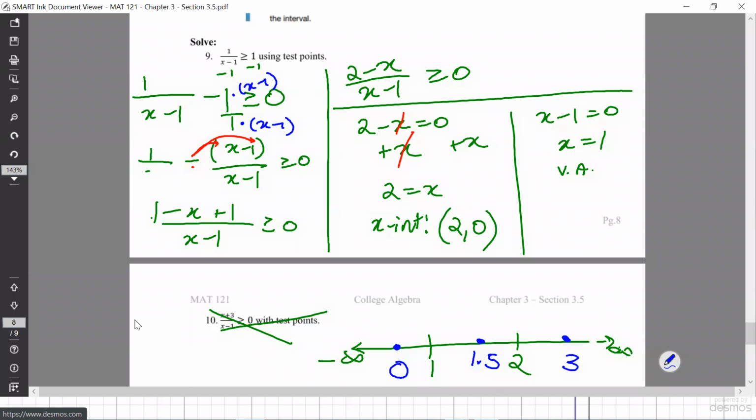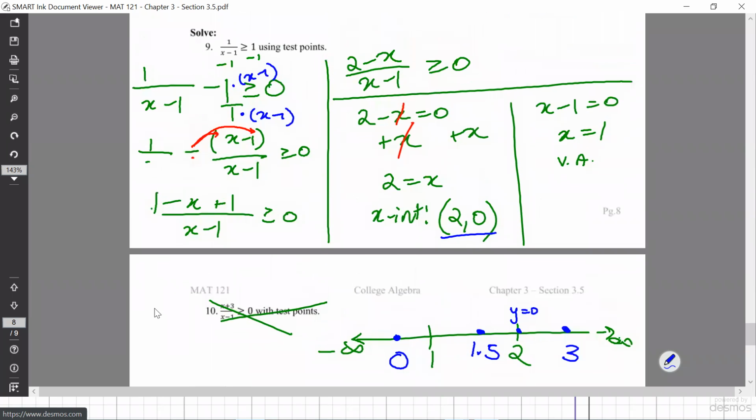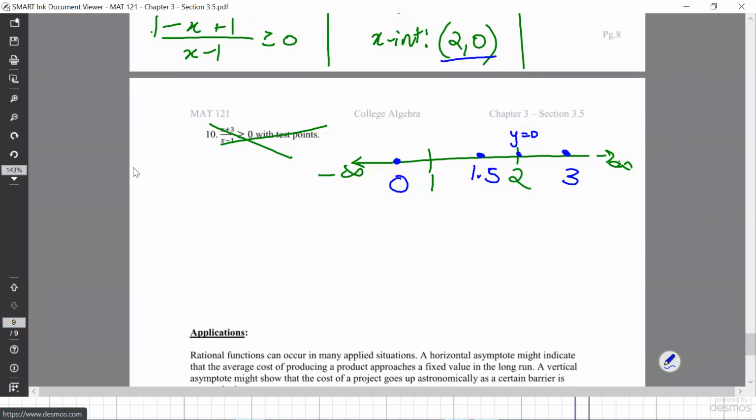Okay, so same drill. We're basically trying to find where the y value is going to be positive, negative, and 0. The y value is of course going to be 0 right where your x-intercept is. So remember at this point, your y value is 0. Now let's see the other test points. This would be when x is equal to 0.